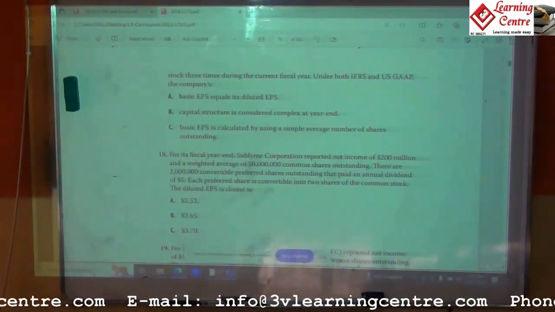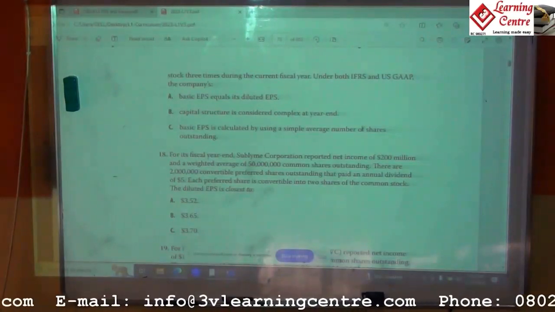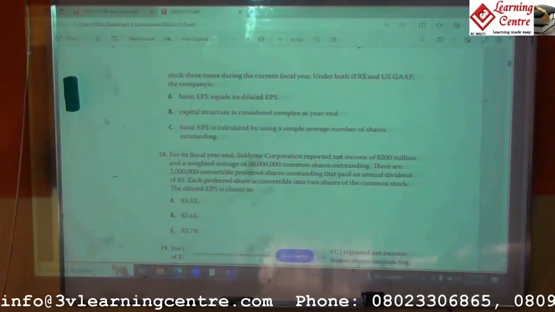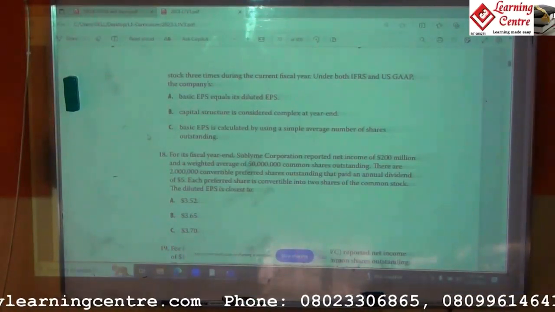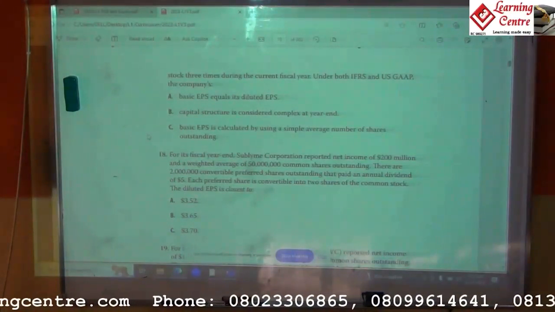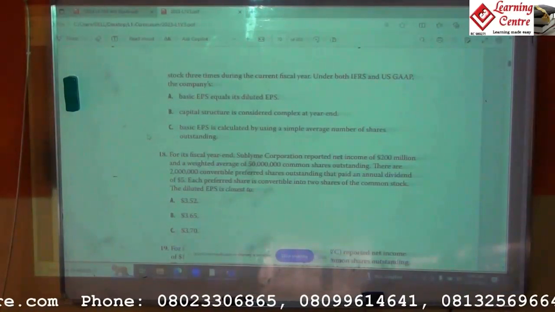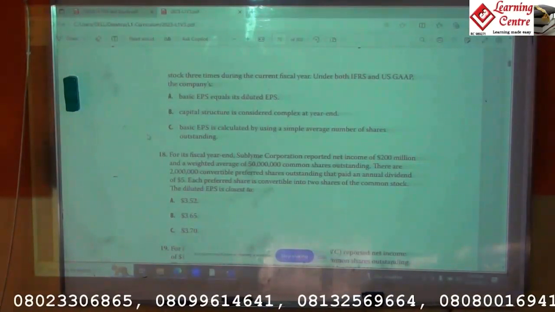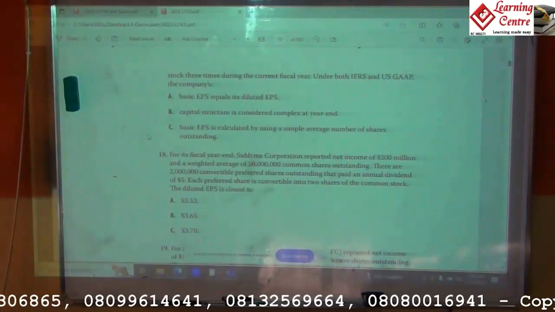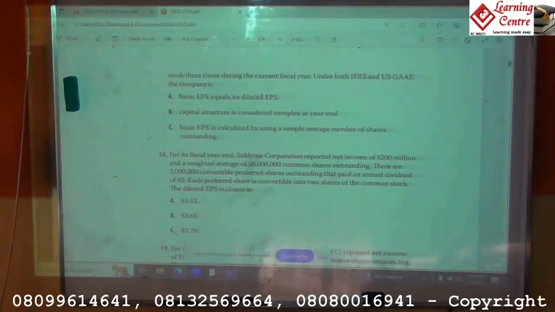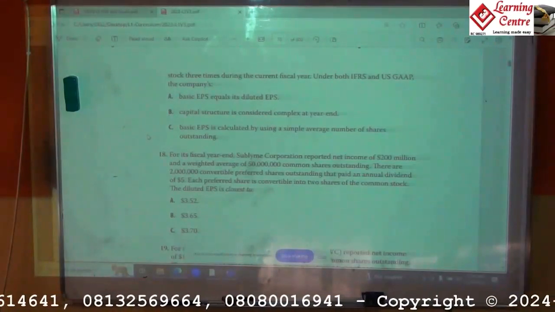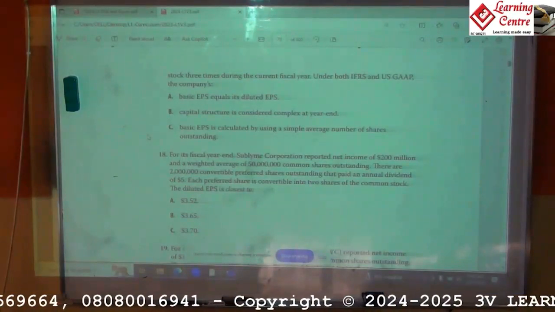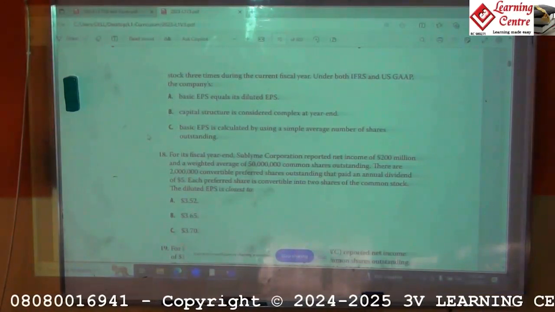So there are 2,000 convertible shares. Let's do it this way: 200 million divided by the weighted average. You can enjoy the preference dividend, which is going to be 2,000 times 5. That's the dividend the person will receive. So 2,000 times 5 is 10 million.